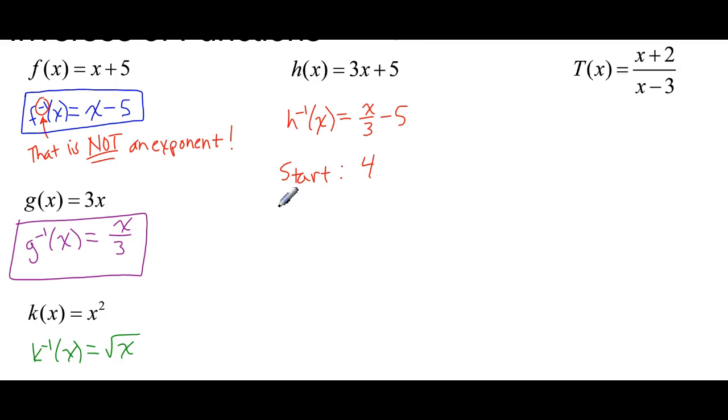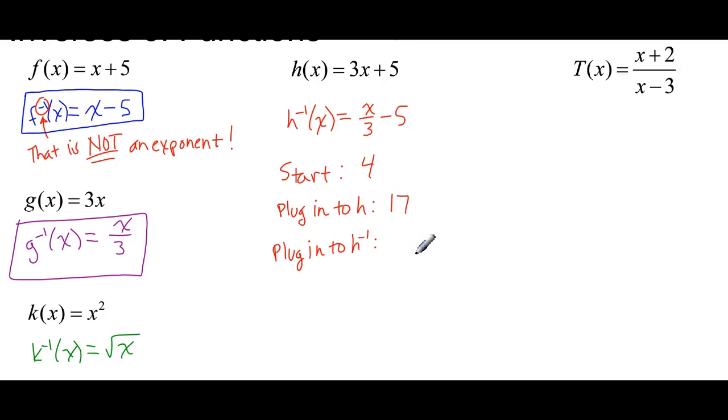We're going to take that number and plug it into the original function. So take 4, plug it into h. So 3 times 4 plus 5. 3 times 4 is 12 plus 5. You get 17. And then take that 17 and plug it into the thing you think is the inverse.